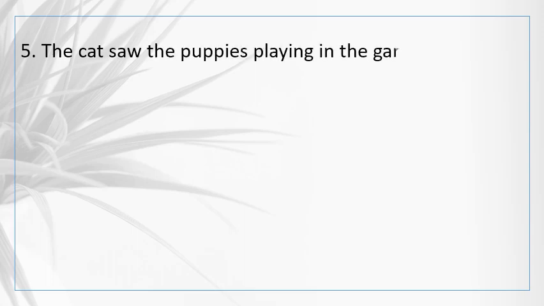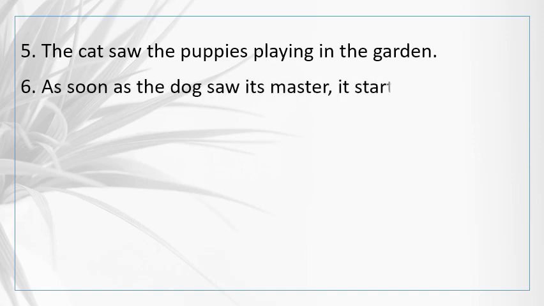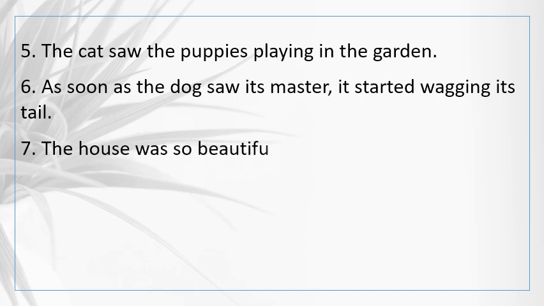Number 5 is, the cat saw the puppies playing in the garden. Number 6 is, as soon as the dog saw its master, it started wagging its tail. Number 7, the house was so beautiful that he decided to buy it.